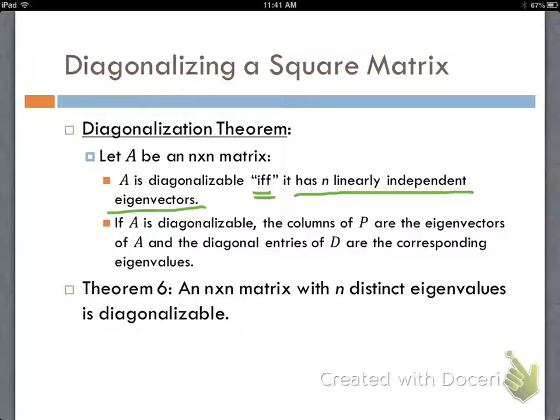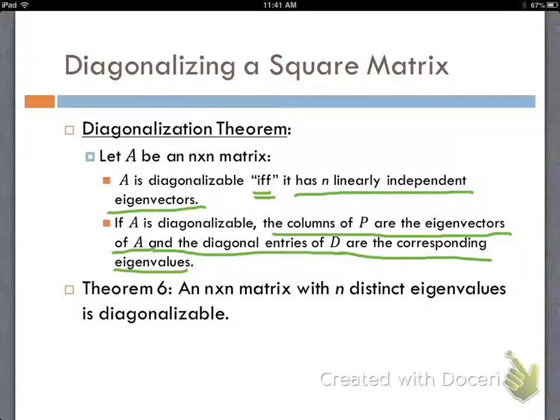And if it has n linearly independent eigenvectors, then it's diagonalizable. Say that in one breath. Okay, so if A is diagonalizable, we have something else: the columns of P are the eigenvectors of A, and the diagonal entries of D are the corresponding eigenvalues.